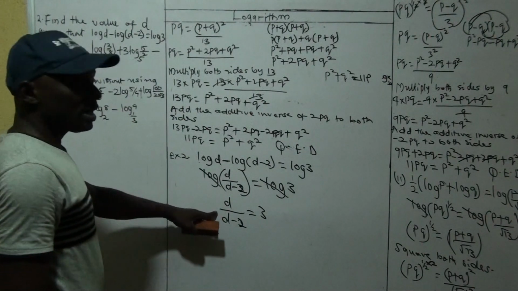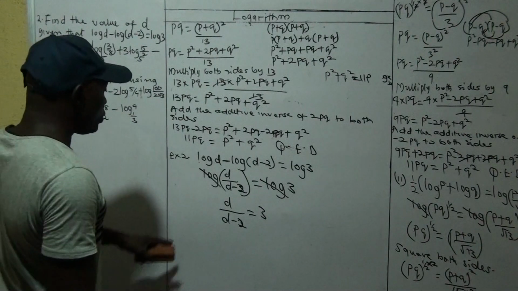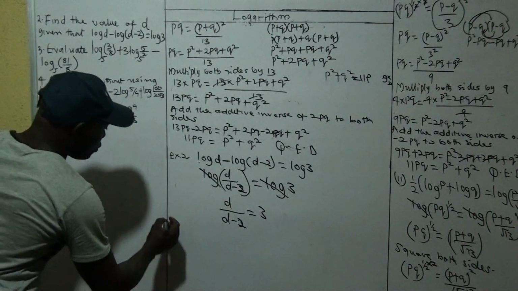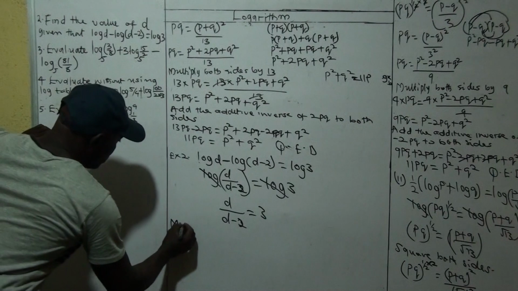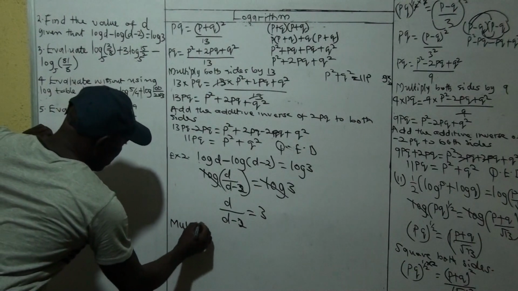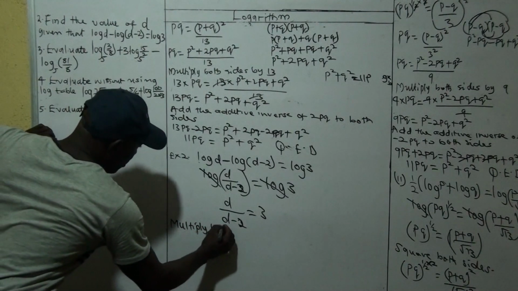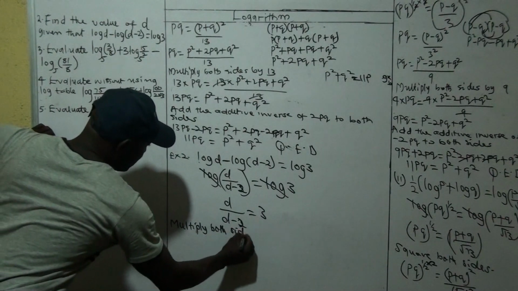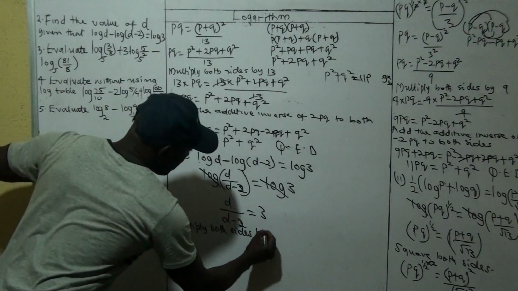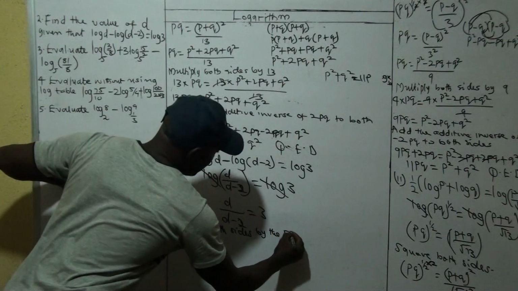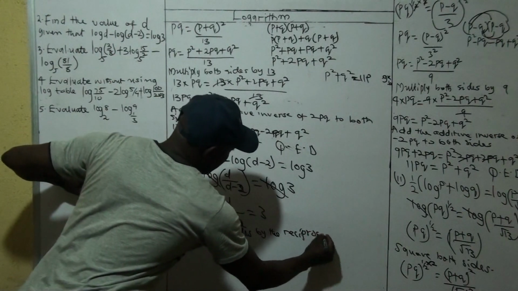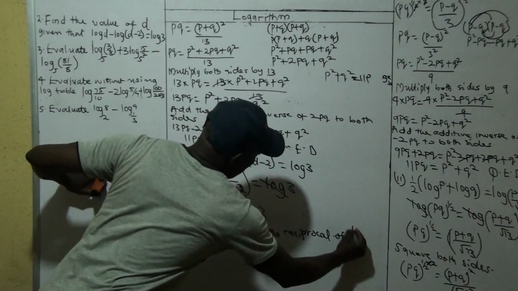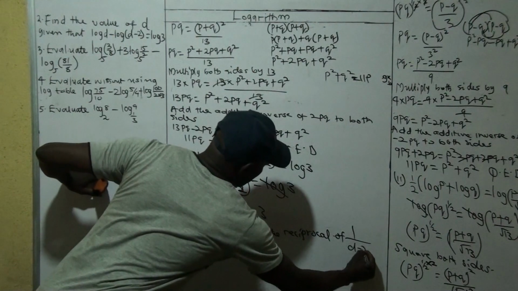Here, in order for us to move fast, we just say multiply both sides by d minus 2, the reciprocal of 1 all over d minus 2.